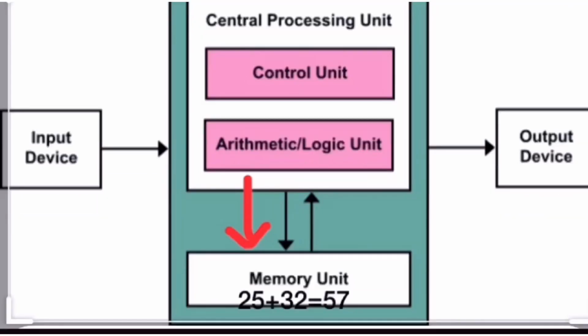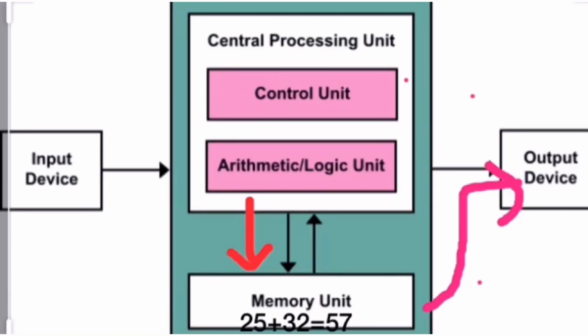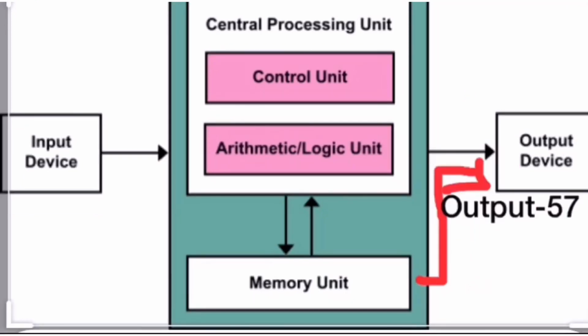The arithmetic logical unit then adds the numbers. The ALU then sends the result 57. The CU sends the result to the monitor, that is the output device, which shows the sum as 57.